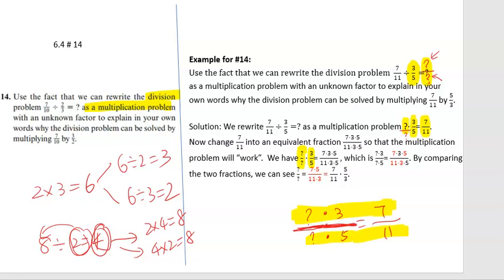So we can do some modification here. The reason we cannot solve what times 3 equals 7 is because 3 doesn't go into 7. So let's make a number here such that 3 goes in there. If you want 3 to go into that number, you have to have a 3 in there, so I'm going to multiply by 3 there.